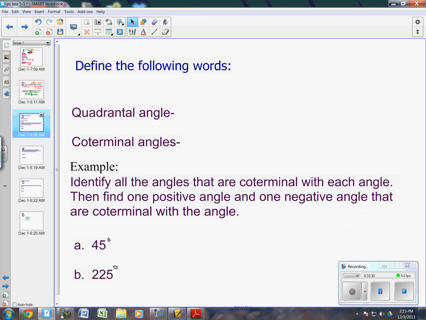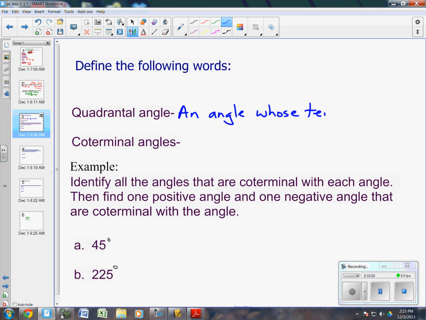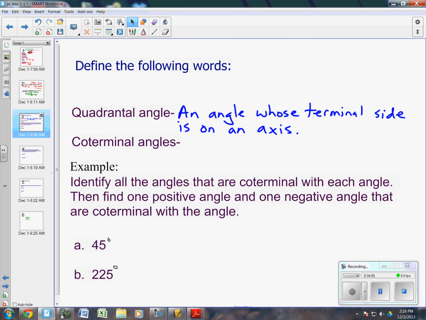Okay, we got to talk about quadrantal angles and coterminal angles really quickly. I should have had you guys look up quadrantal angles, but they are pretty easy. It's just the angles where the terminal side is on an axis. An angle whose terminal side is on an axis, multiples of 90.